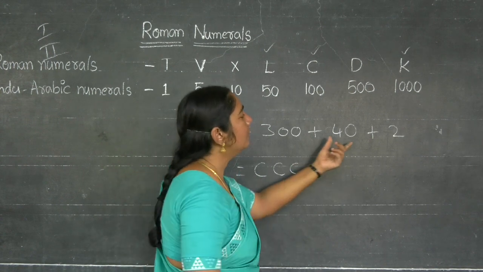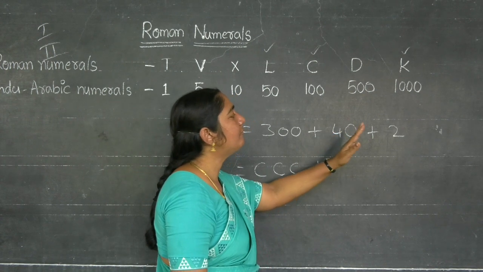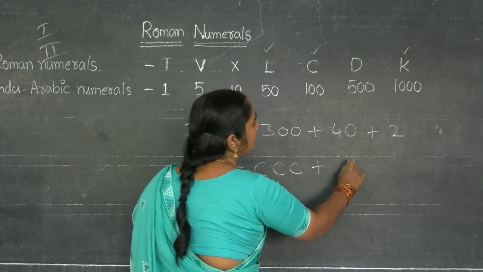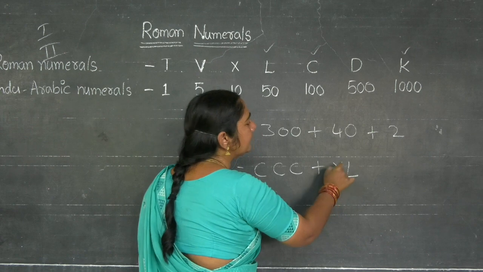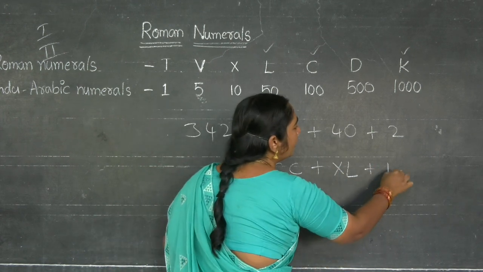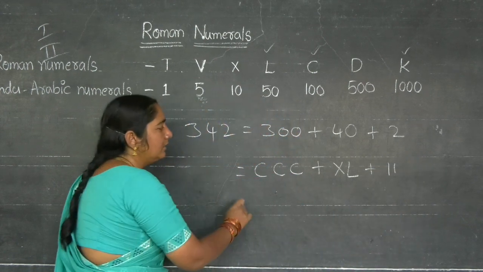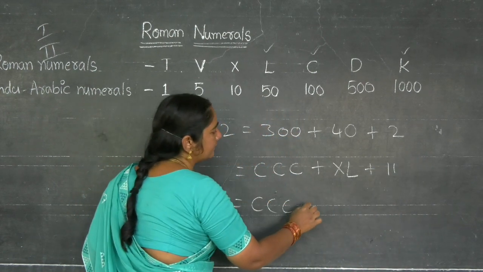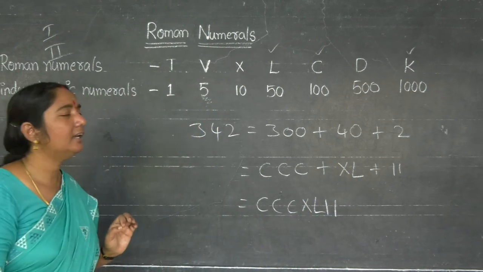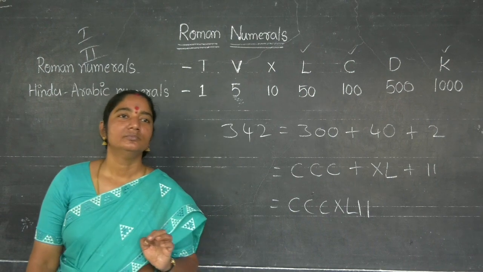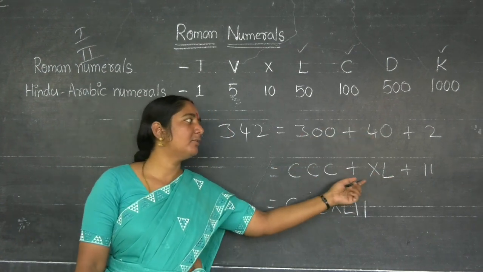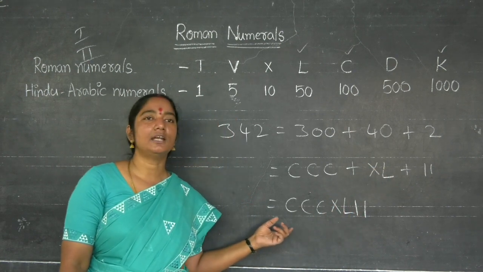Plus, you can write 40 as 50 minus 10. 50 already you know, that is L, minus 10. So you are writing 10 towards your left side. Plus, already you know, the 2. Now you are combinedly writing all this. So, this is 342. First you have to break it and then you write it, then you combine. Remove all the plus, you just write beside each other.